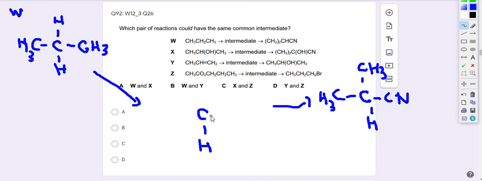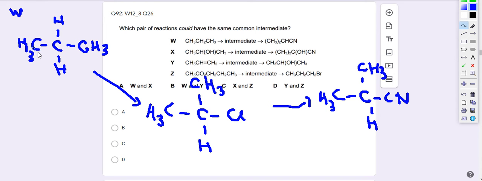Before this CN, let's say I use chlorine. I replace this with chlorine. Of course, I can use any halogen. I can use Br, I can use I. But I just want this to be later substituted by CN.